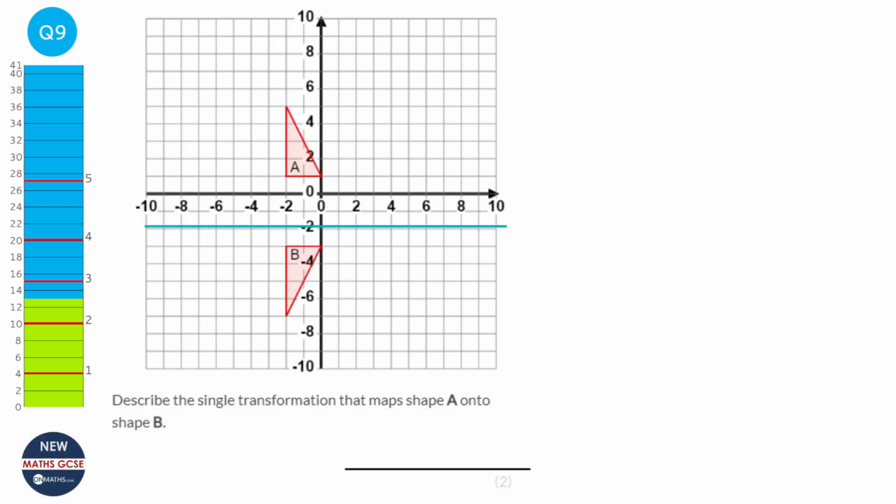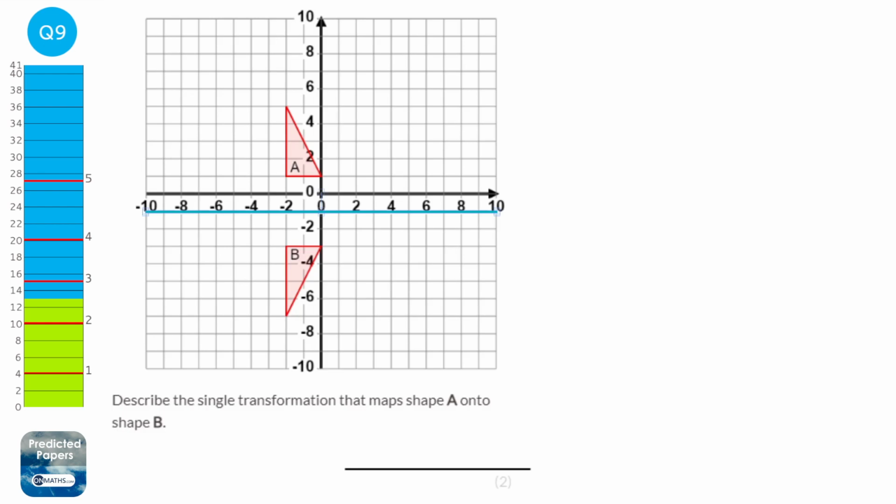If I just guess and put it down here, notice that B is only 1 jump away from that, and yet A is 1, 2, 3 jumps away. So that's not very good, that's not the halfway point. We need it to be halfway between the two shapes, which is going to be here.